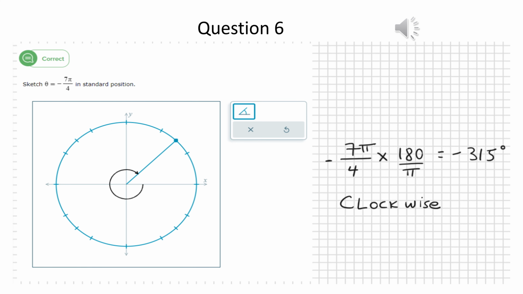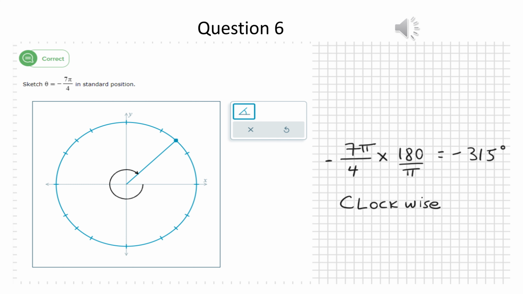In this case, it's a little bit more complicated because it's a negative angle and also expressed in radians. But if you want, you convert to degrees, multiplying by 180 divided by pi.